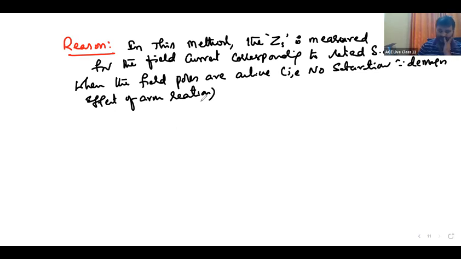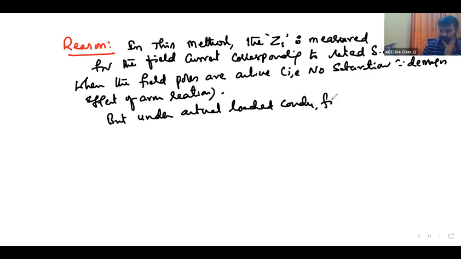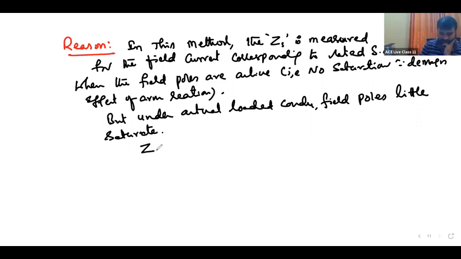Okay, field poles are active. But under actual loaded condition, field poles saturate a little. So ZS by this method is more than the actual ZS.